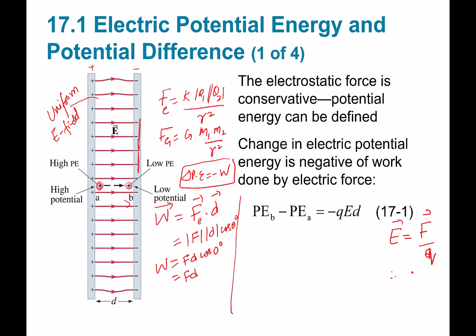Or in other words, the magnitude of the electrical force can be written as Q times E. Therefore, our change in potential energy will be minus the work done in moving a charge from A to B. So we put the negative sign here, and instead of writing F, we can write Q times E times d. That's how we end up getting change in PE equal to minus QEd.